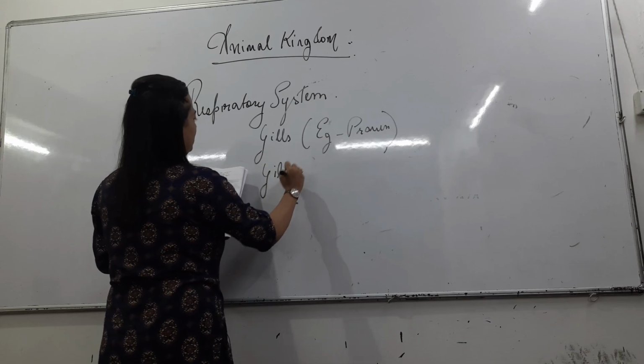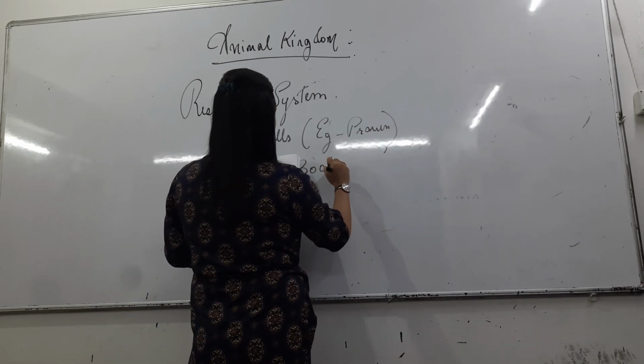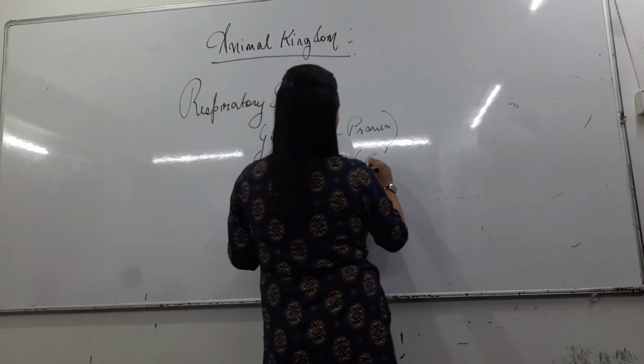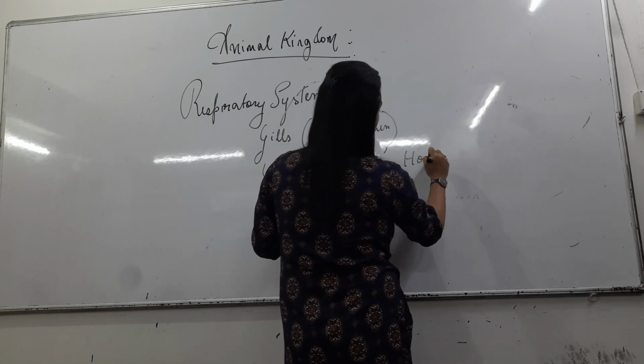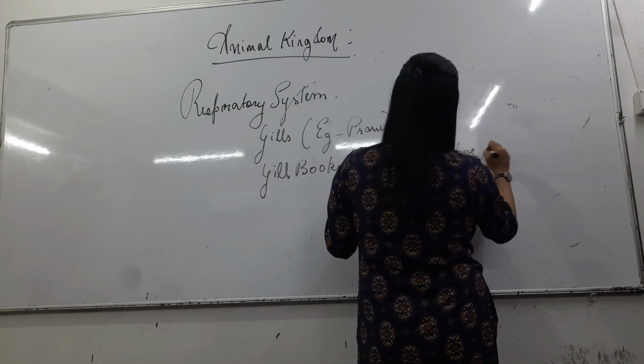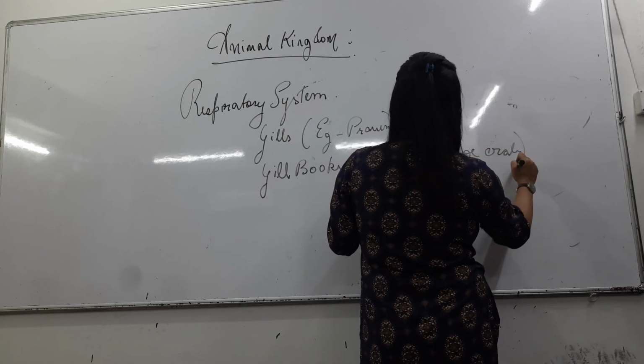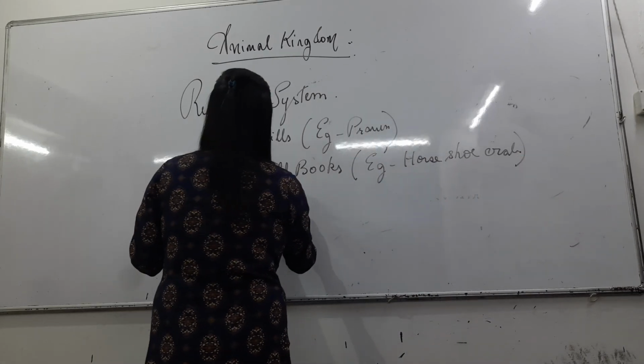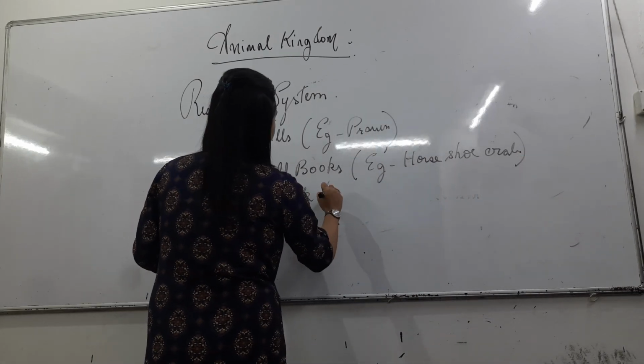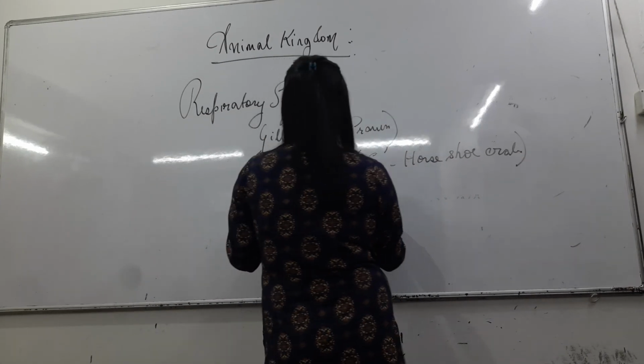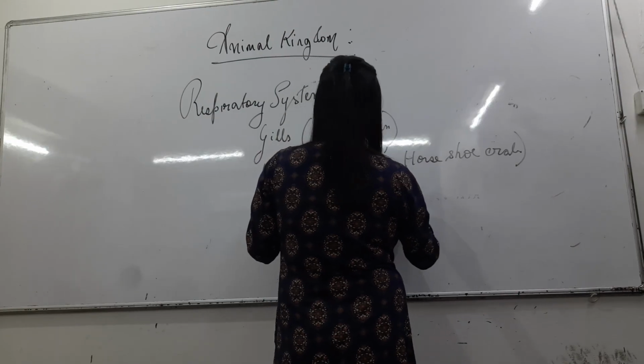Then gill books, or book gills. Example, horseshoe crab. You write down the examples. Book lungs. Example, scorpion.